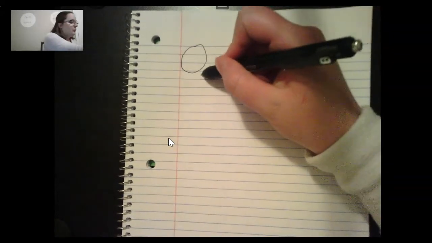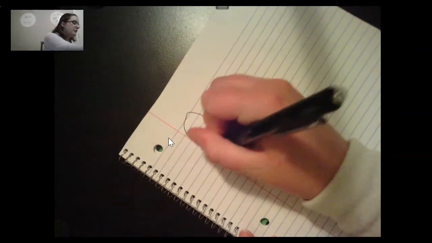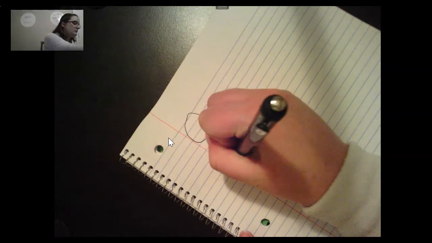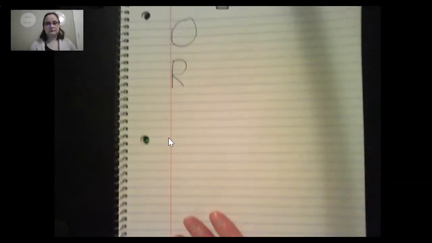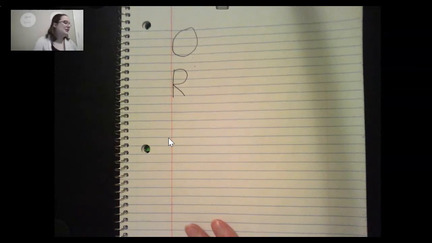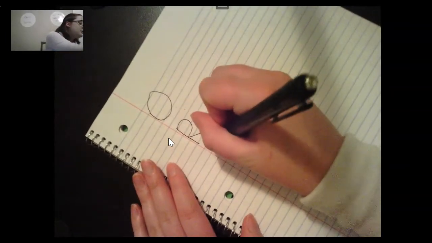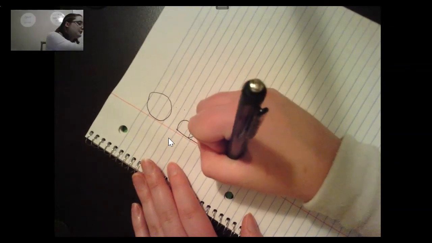Then we're going to count 1, 2, and make our R for our first reason. Great job. Then we're going to count 1, 2 again and make our E for our first example to go with our first reason.